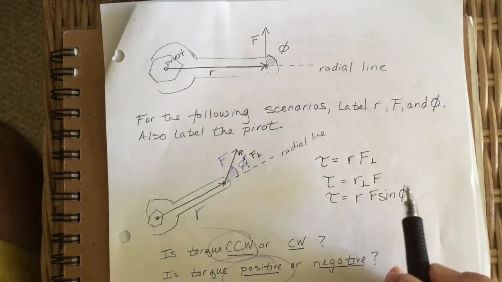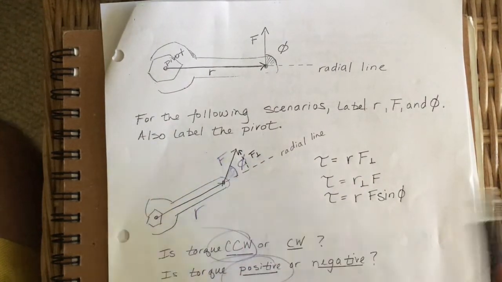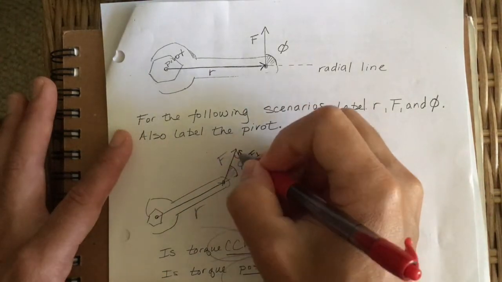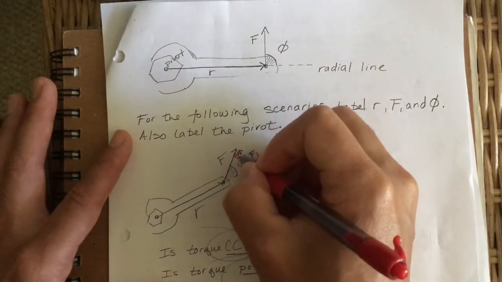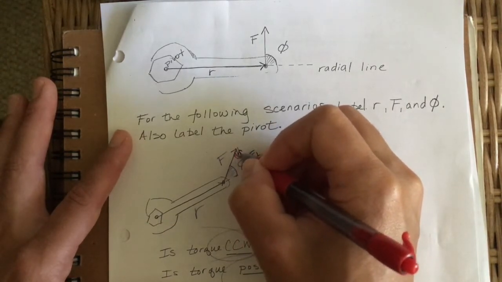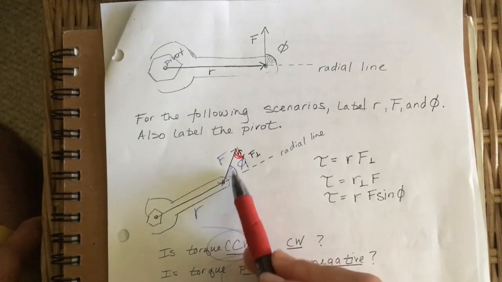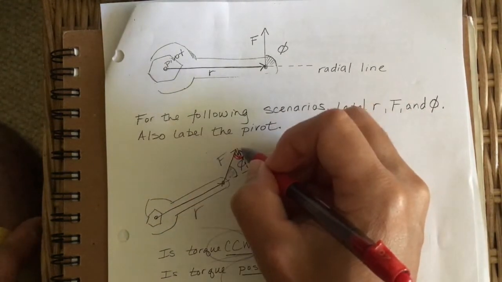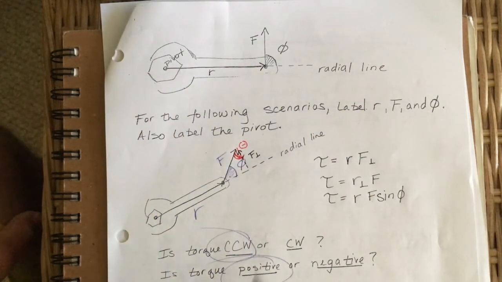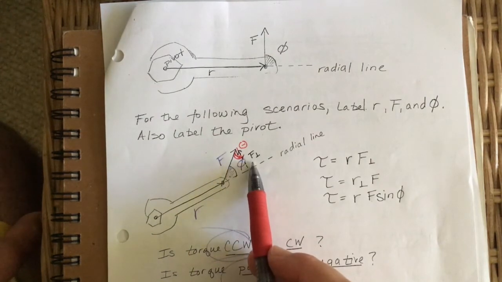But once again, if I'd given you a different angle, like say I'd given you this angle up here, let me see if I can draw that in. Right, this angle up in the corner. If phi was still here, and this angle right here was theta up in the top corner, then you would have to take the cosine of theta to get this F perp, right?